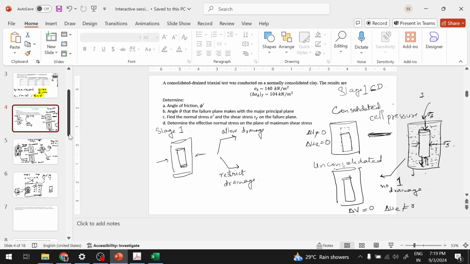So now let us try to see how we calculate the shear strength parameters using a triaxial test.